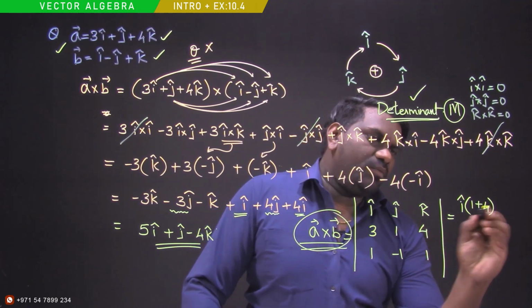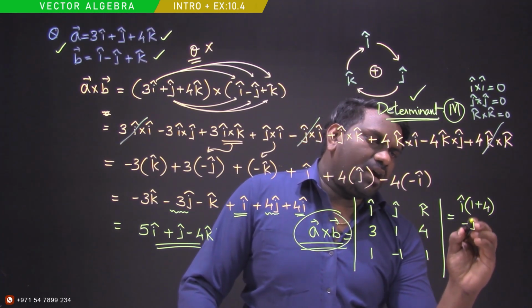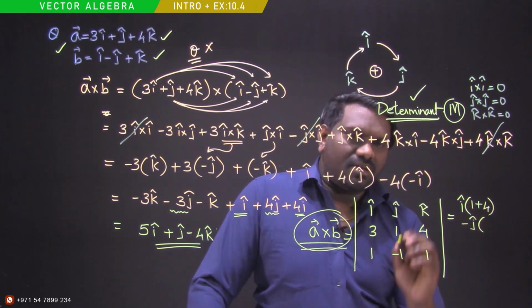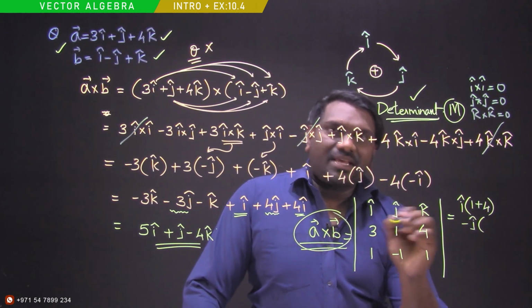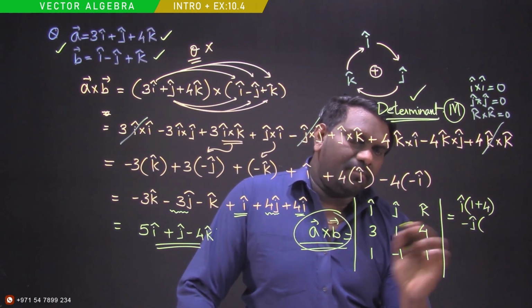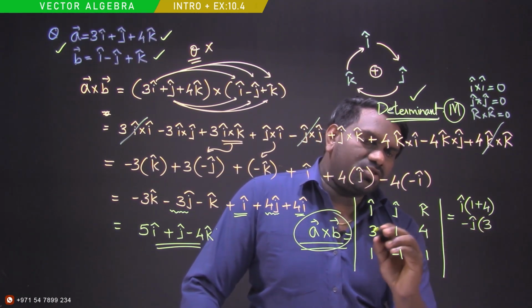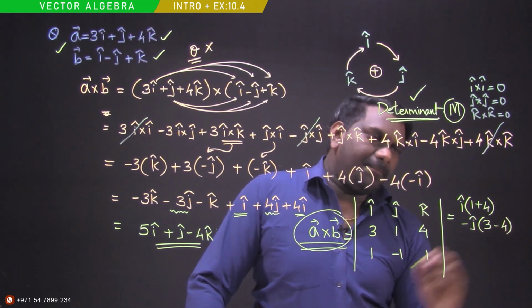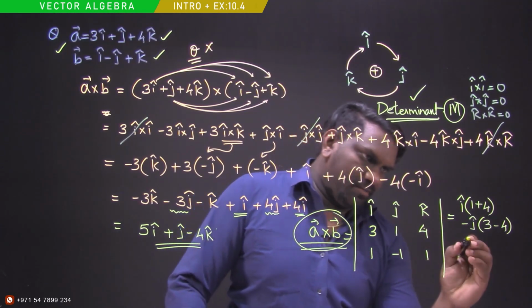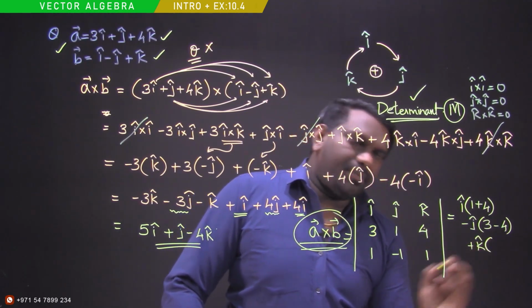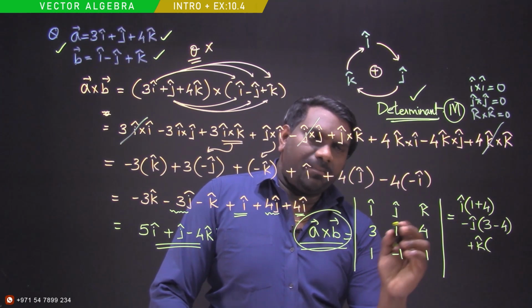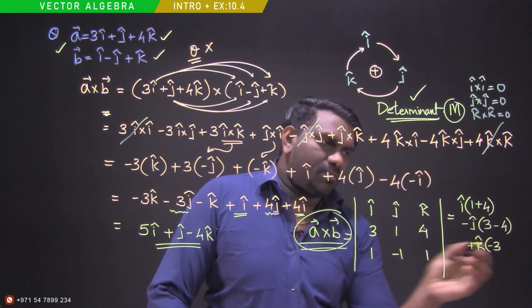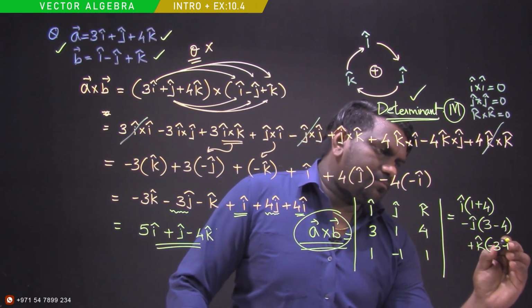Then you have j, which is in fact minus j, dear. I'm just writing it separately, that's it. Minus j because of the second position's polarity, then these numbers: 3 into 1 is 3, then minus 4. Then k cap, with these numbers: 3 into minus 1 is minus 3, minus 3 into minus 1 is minus 3, this one is minus 1.